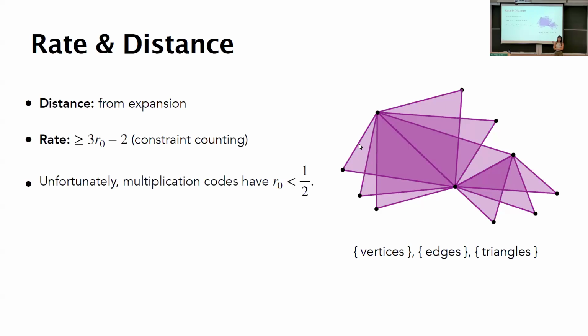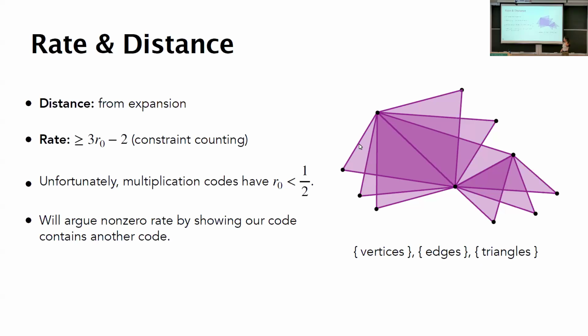But if you want the local code to have the multiplication property, you need the rate to be less than 1/2. If you plug in 1/2, you get a negative number. That's not very good. So constraint counting alone won't give us anything in this low rate regime where multiplication will work. This is why we can't argue good rate.